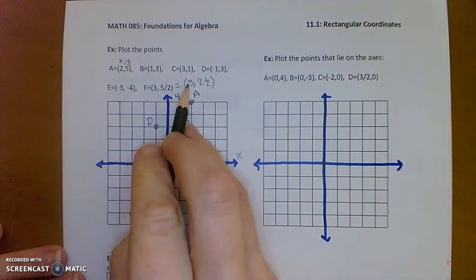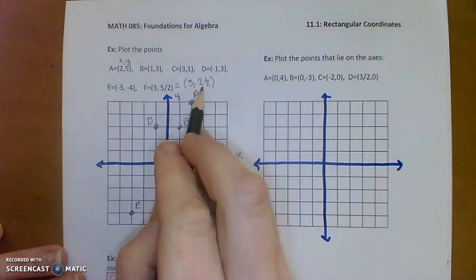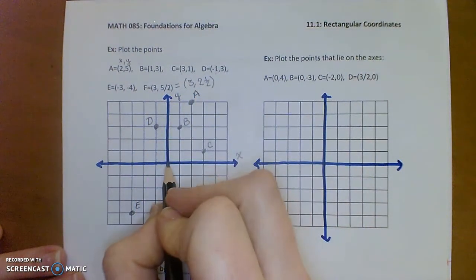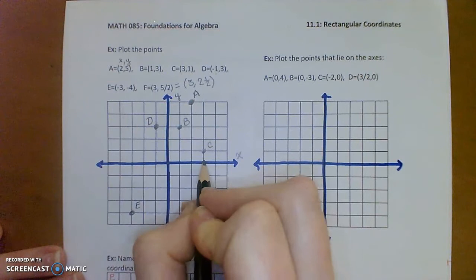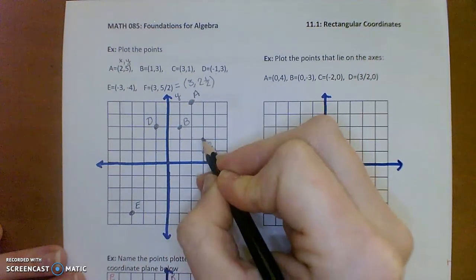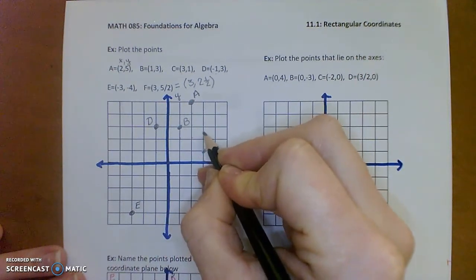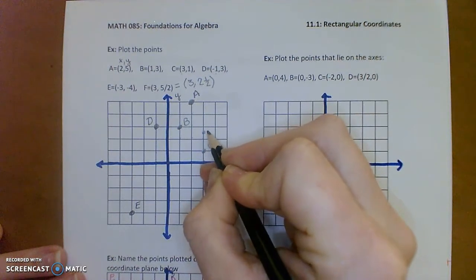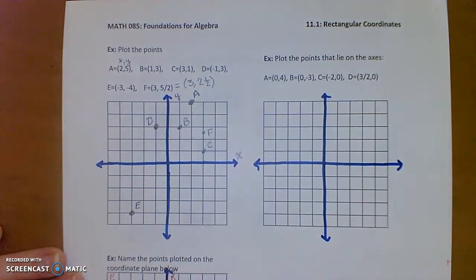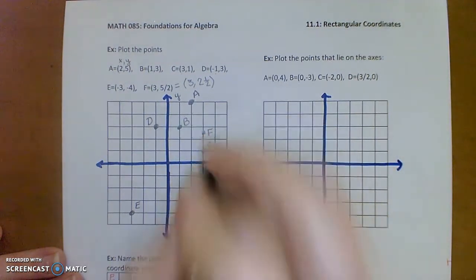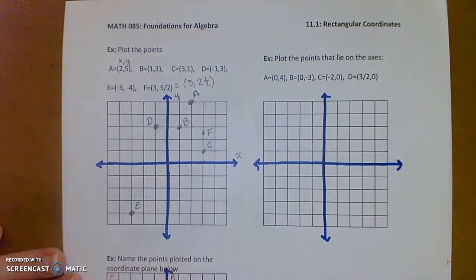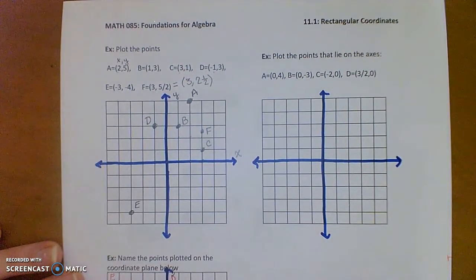So that would be 3 units to the right and 2.5 units up. So that's 1, 2, 3 units right, 2.5, so go halfway up. That would be my point F there. So again, notice it's different from the other points because it doesn't actually lie on one of these grid crossings, but you can still find that point in the plane.